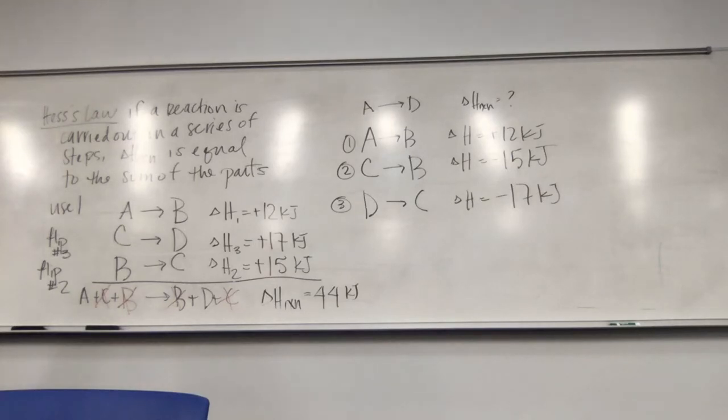We're going to be given those values we want to determine. We're going to do this example, but it could look like this. It would give you an equation, and it'll say, calculate delta H for this unknown equation using the equations at the bottom.